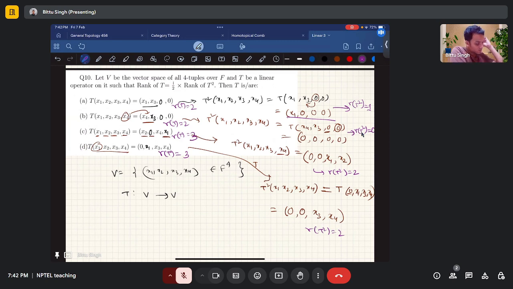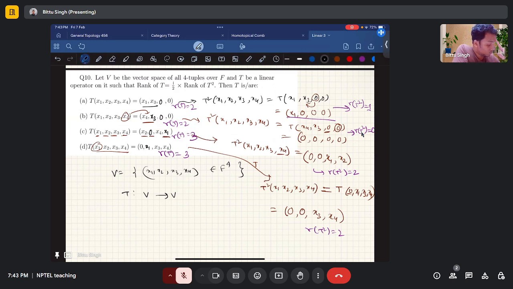So which of the following satisfies the relation rank of T is same as half of rank T square? You can see half of 2 is 1, half of 2 is 1, half of 0 is 0. Sorry, I think the question should be like this. So let me modify the question.